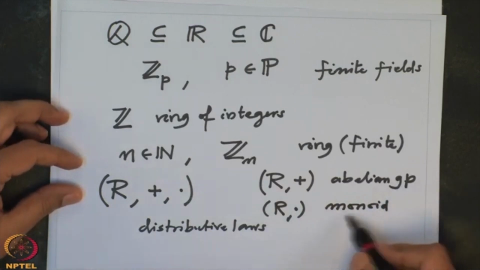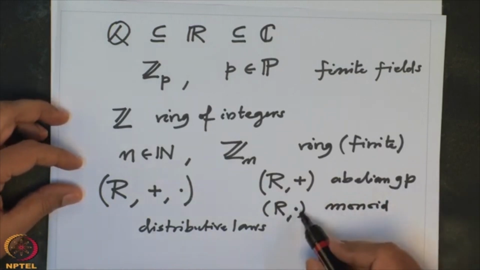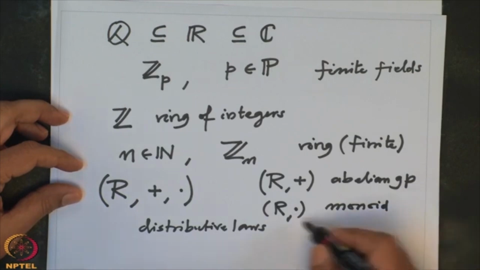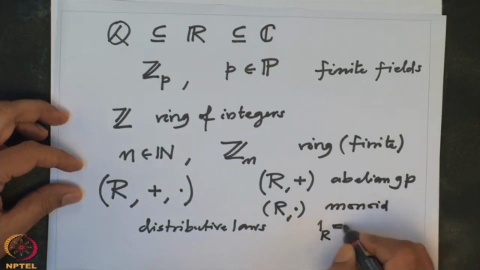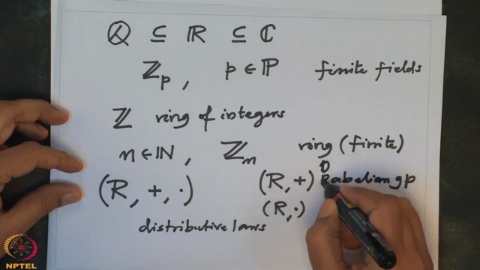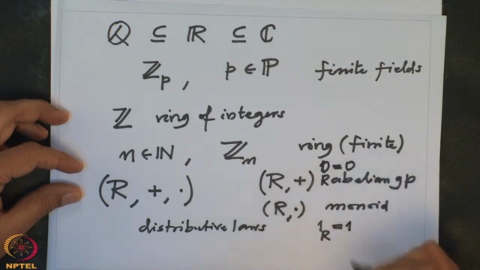So to remind you, monoid means a set with a binary operation which is associative, and it has a neutral element, and that neutral element is usually denoted by 1_R, or simply 1 when there is no confusion, and the additive identity is denoted by 0_R, which is also denoted by 0 when there is no confusion.